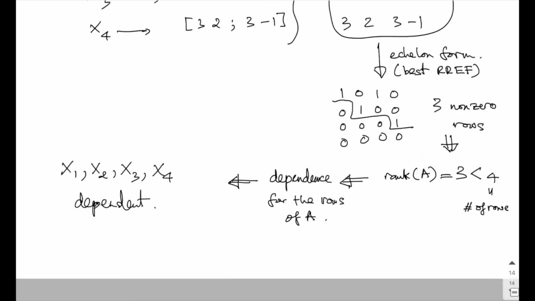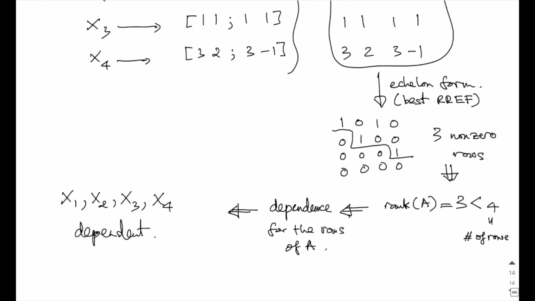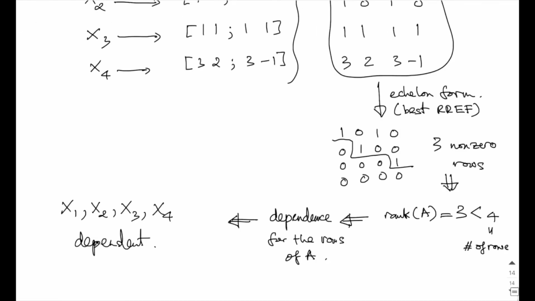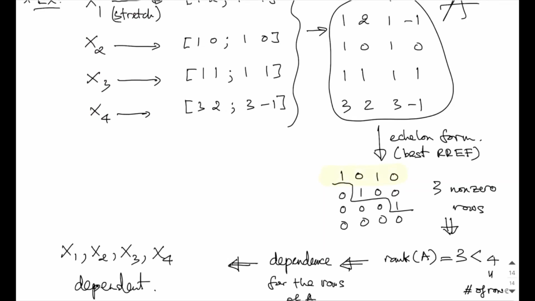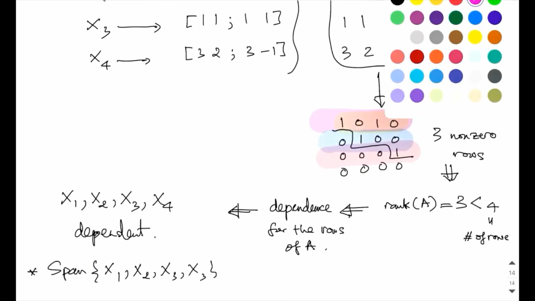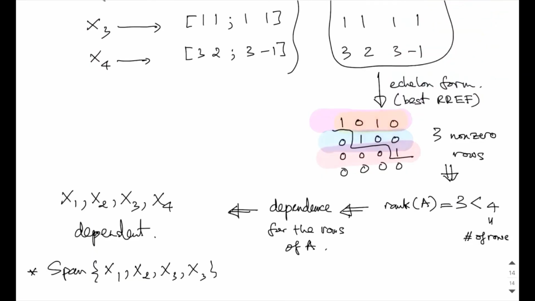Furthermore, we can find a basis for the span of these vectors. Pay attention to this one. So this is going to be equal to the span of 1, 0, 1, 0, but remember this is actually a matrix.